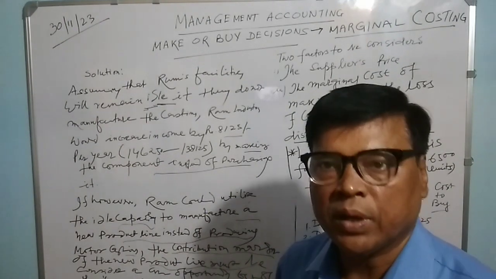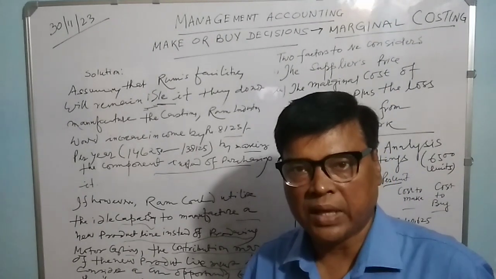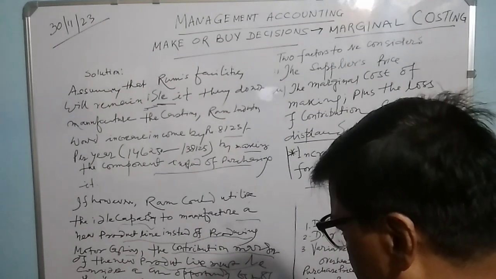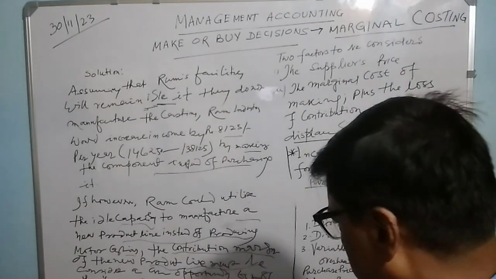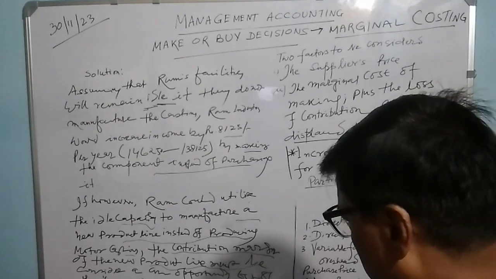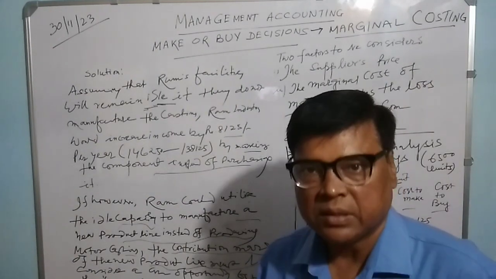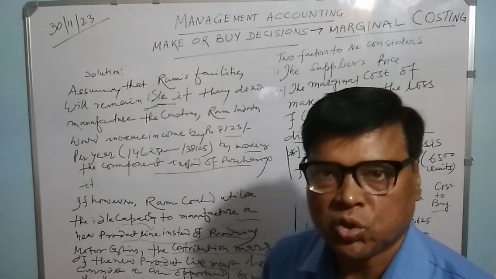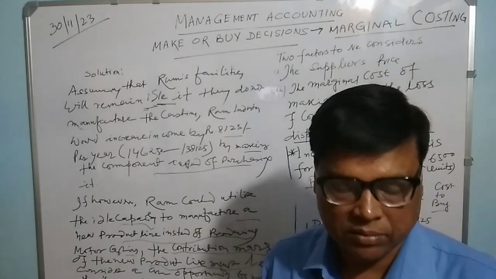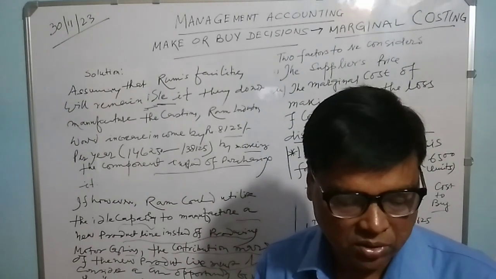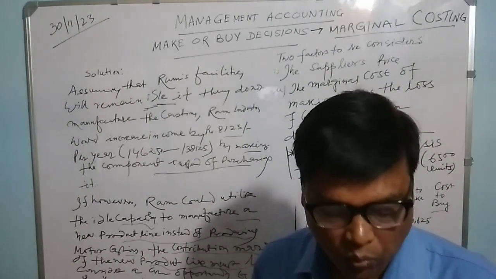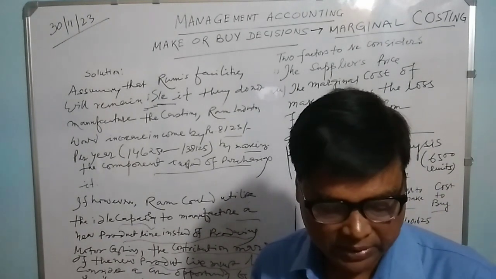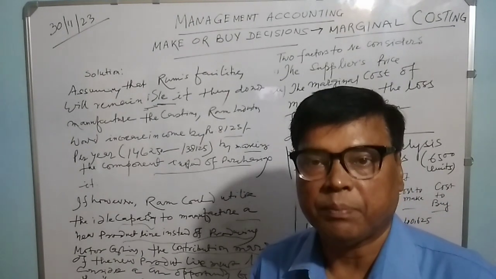So before going to the next option, that new line of activity, motor casting plus new line of activity production, let us understand the concept of opportunity cost. You see, what is opportunity cost? Where a choice of one course of action requires that an alternative course of action be given up.